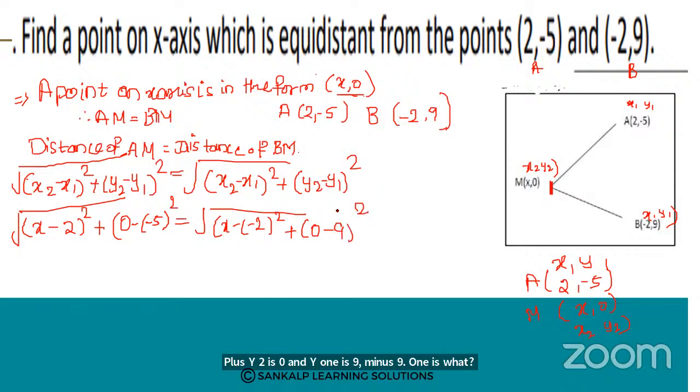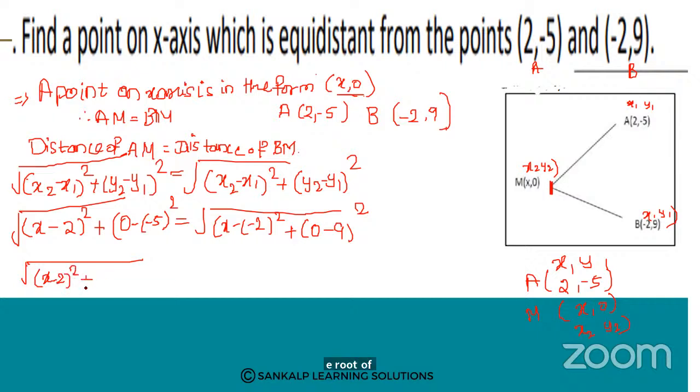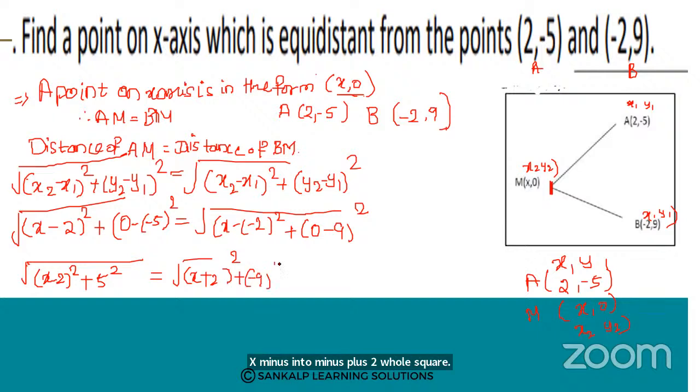Now, square root of x minus 2 whole square plus 5 square is equal to square root of x plus 2 whole square plus minus 9 square. Now x minus 2 whole square plus 5 square, 5 square is 25. x plus 2 whole square plus 9 square is 81. Right.